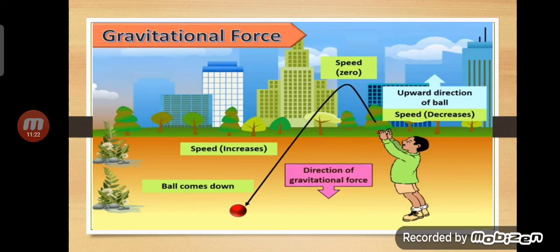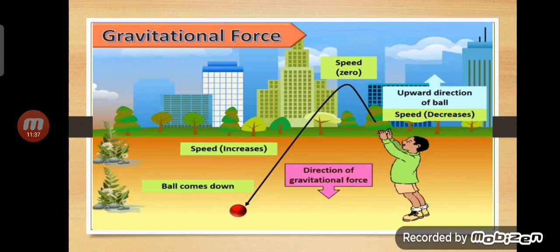When the boy throws the ball in the upward direction, it attains some speed, but while going upward, its speed goes on decreasing.